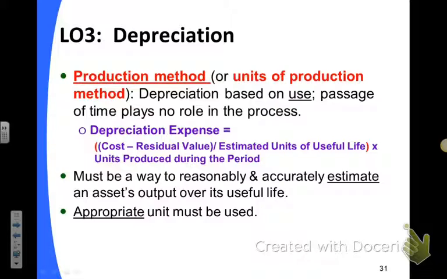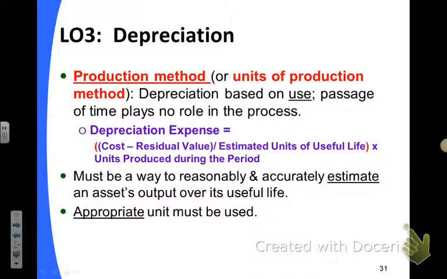The challenge with this approach is trying to find the best way to estimate the useful life of the asset. For some types of equipment, it's easy to do. If you have a car, you can anticipate how many miles a car can get in its useful life, and use that as its unit of production. If you have a delivery truck, you can estimate how many miles you're going to use it.